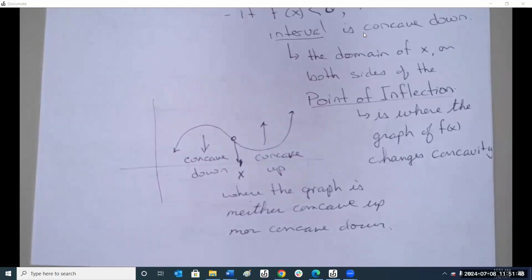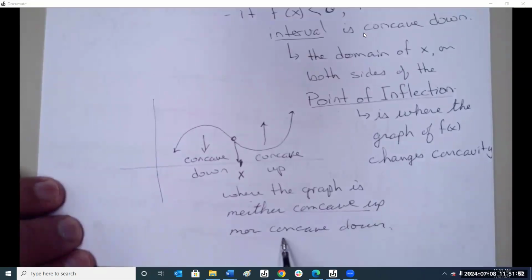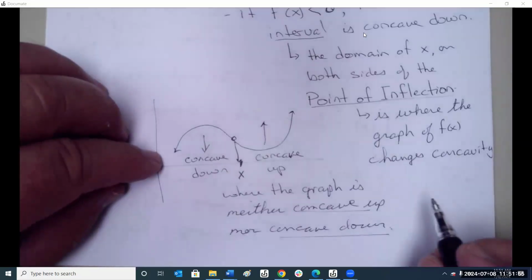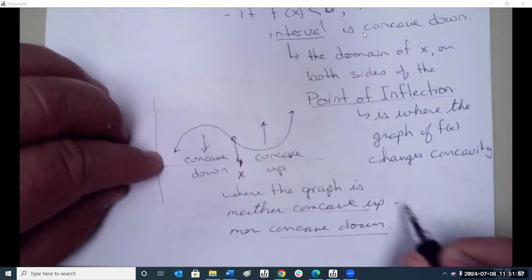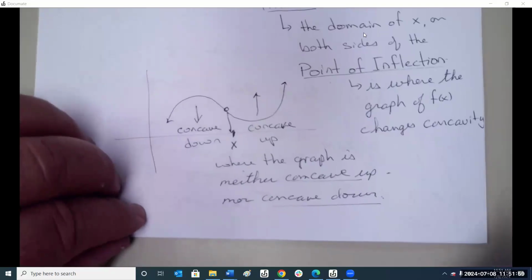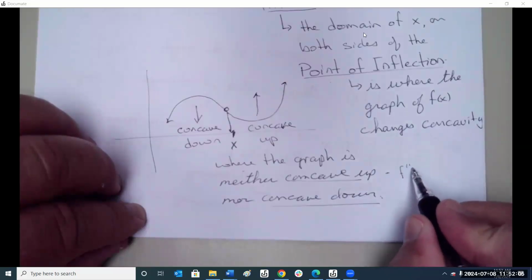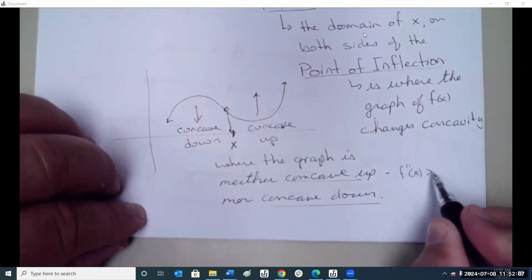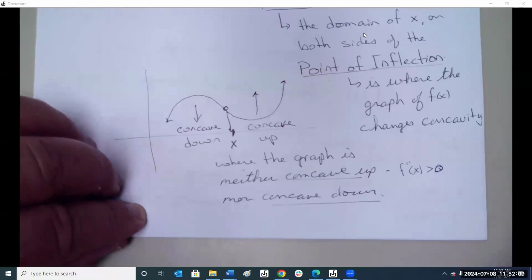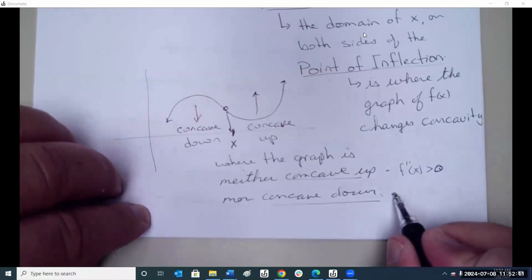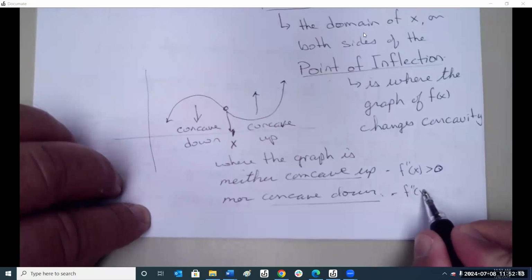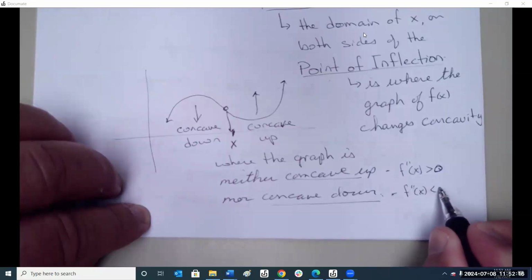So if it's neither concave up nor concave down, when is it concave up? When is it concave down? It's concave up when the second derivative is positive. It's concave down when the second derivative is negative.